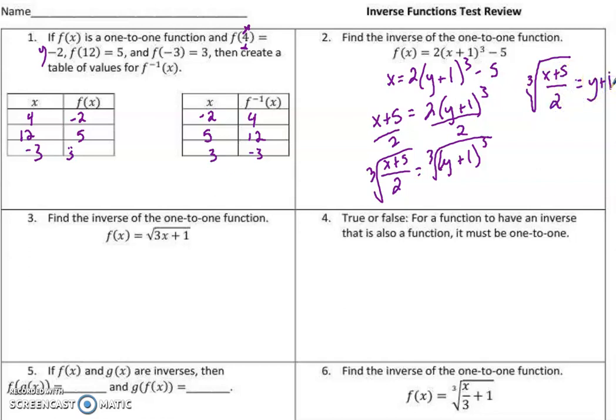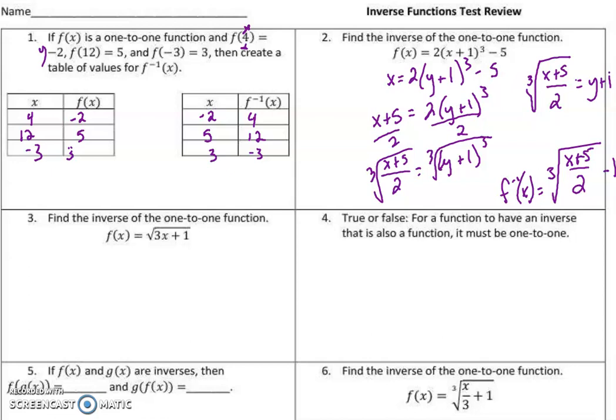The last thing I've got to do is subtract 1 from both sides. So my final answer, in function notation, f inverse of x equals the cube root of (x plus 5) over 2, and then on the outside of that, minus 1.